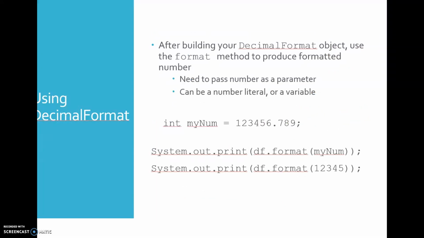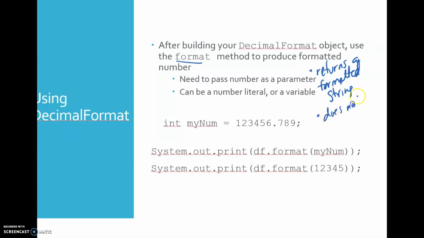So after we have built our decimal format object, we can then use the format method to actually go ahead and format the output. Now it's important to recognize that the format method returns a formatted string.